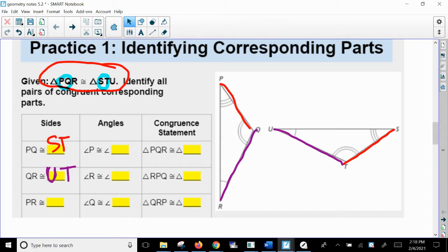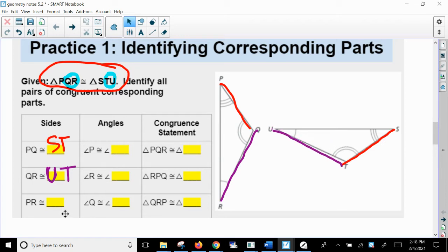Again, look at the congruent statement. Look at QR and UT. See that? They're the same. Or if you look at the picture, see side QR? From Q to R, look at the little slashies, double slashy, single slashy. Same thing with TU, double slashy, single slashy.